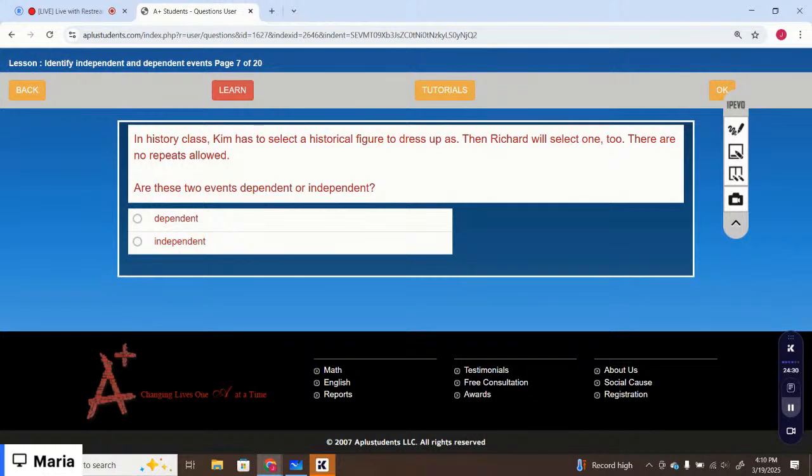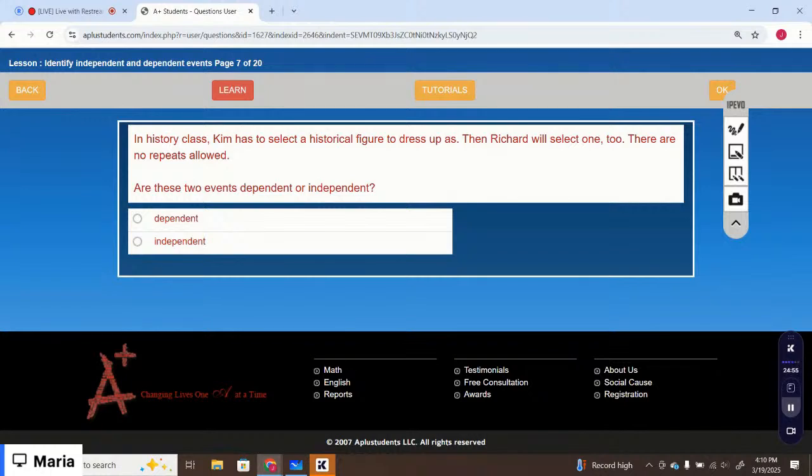In history class, Kim has to select a historical figure to dress up as. The judge will select one, two. There are no repeats allowed. Are these two events dependent or independent? So no repeats allowed, right?